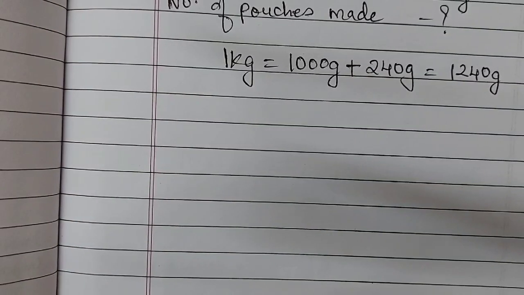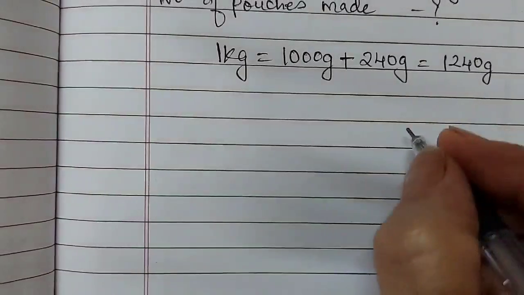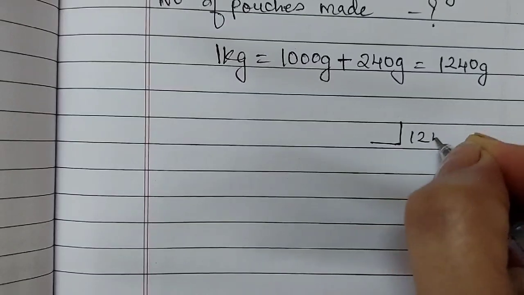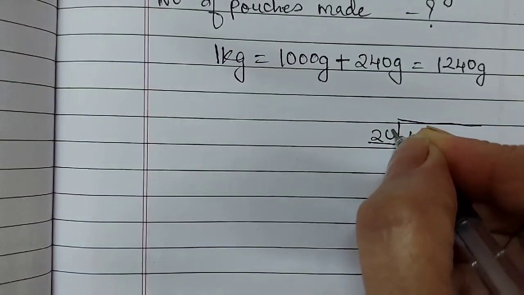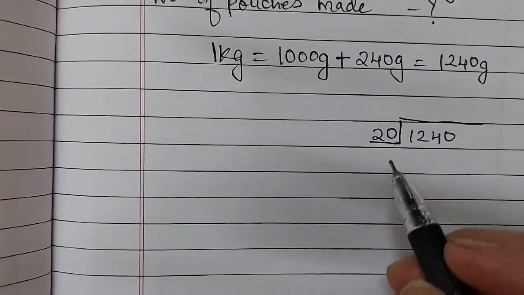Now each pouch is 20 grams. So what we have to do is divide 1240 divided by 20. Right, children? Now you can say the table of 2.